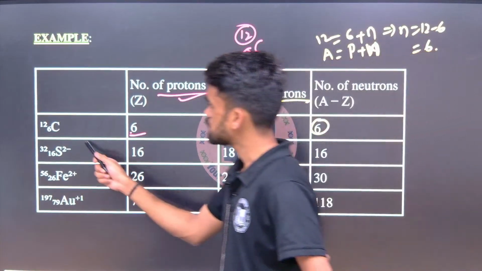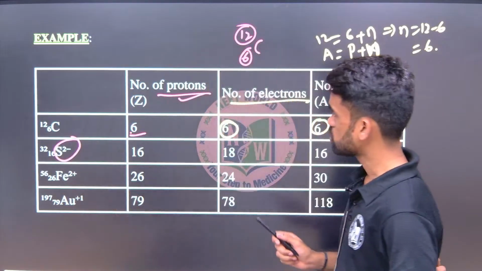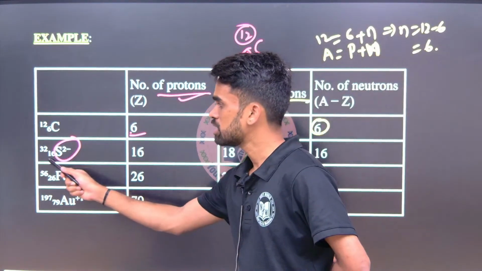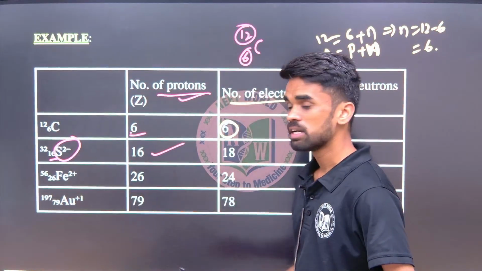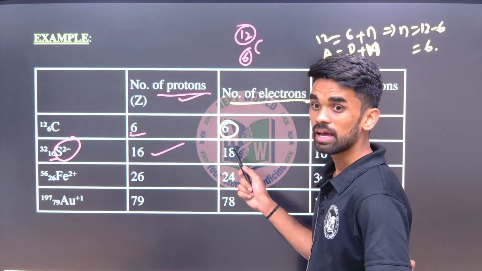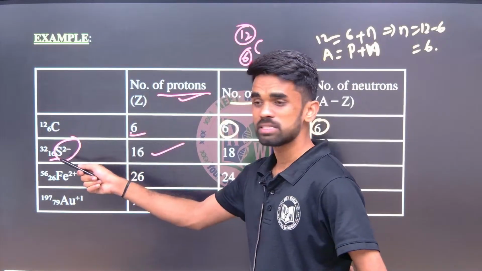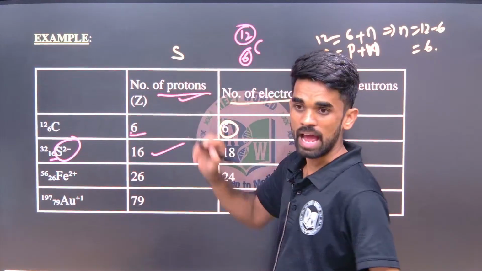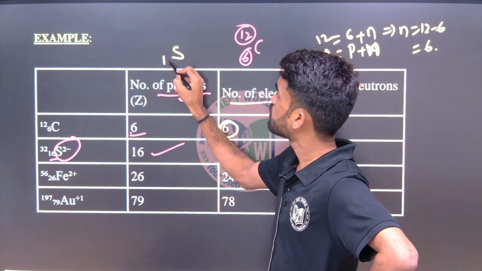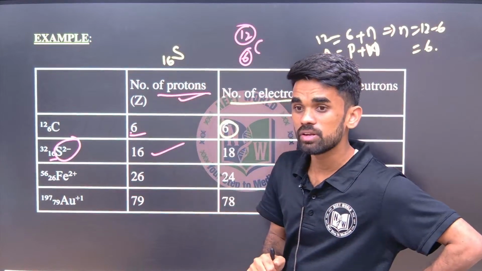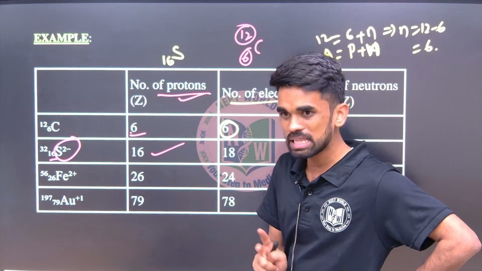See, S minus 2 I have. What is the mass number it has? 32. Now the atomic number? The number of protons is 16, so the atomic number is 16. Now the number of electrons? 18. Why 18? For an atom, an element in its atomic state, there are equal numbers of protons and electrons, all the time.